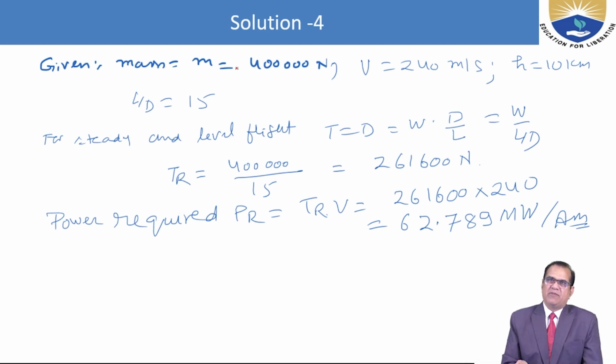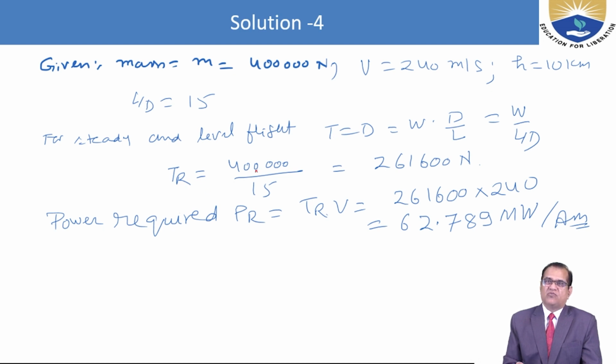Weight is 400,000 Newton. Velocity is 240 meters per second. Height is equal to 10 kilometers. L by D is equal to 15. For steady and level flight, we know that thrust is equal to drag, and this is equal to weight divided by L by D. This is called the thrust required.